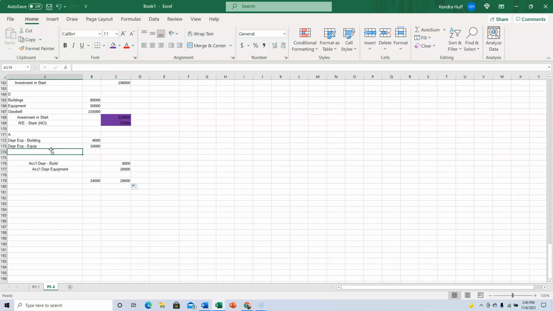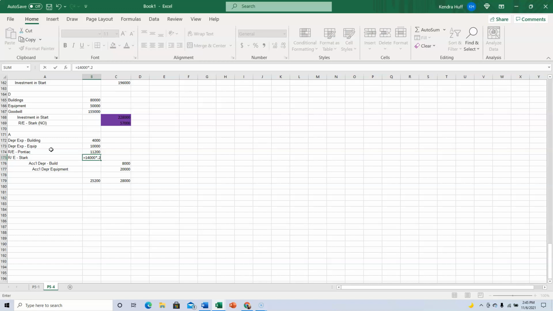So I'm going to have retained earnings for the parent, Pontiac, at 14,000 times 0.8. And then retained earnings for Stark, and that's the other 20%. And now they balance out.